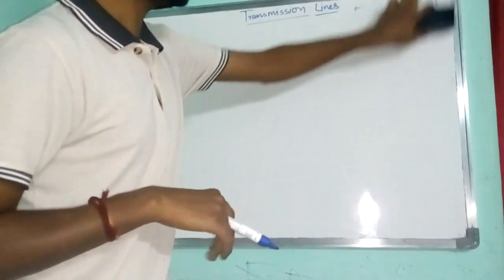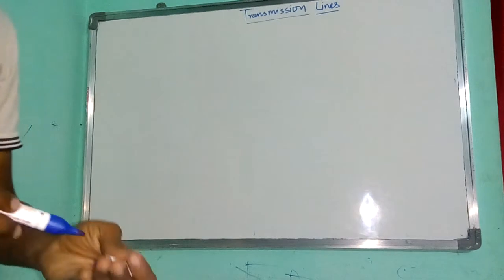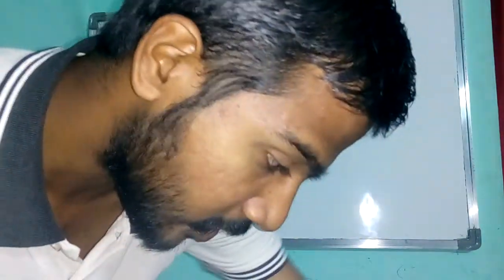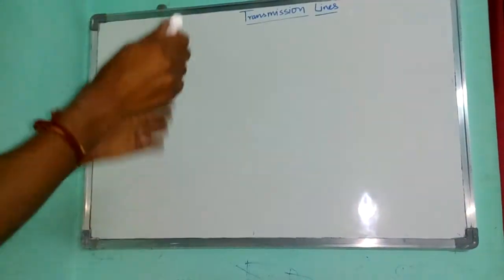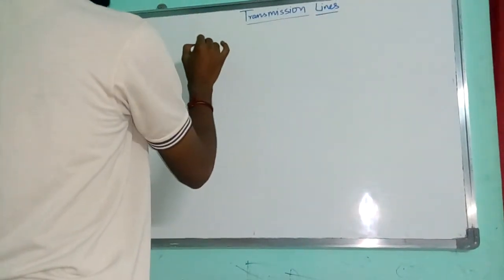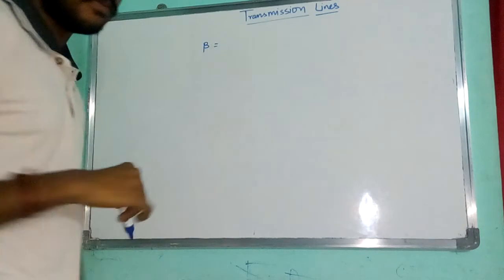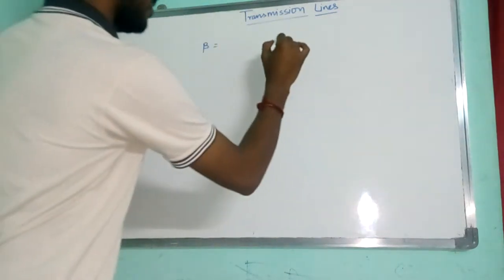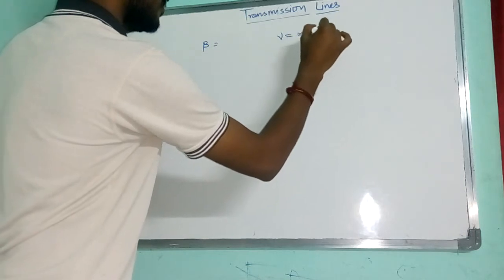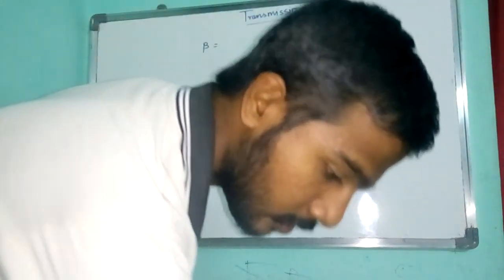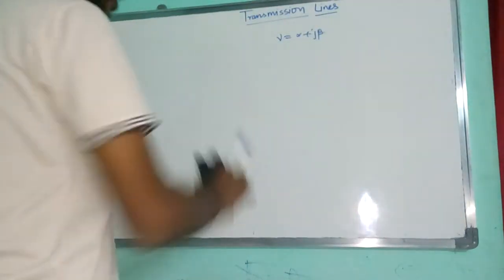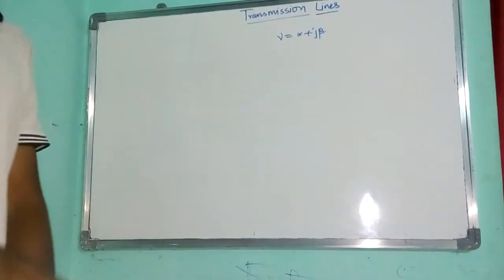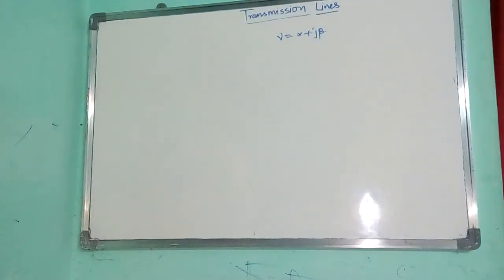Right? Now I told you I'll define beta, which is called the phase change. We know that gamma equals alpha plus j beta, and as I said, beta x is the thing which is changing the phase.